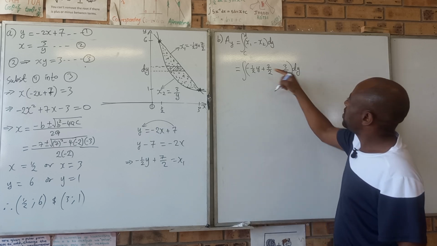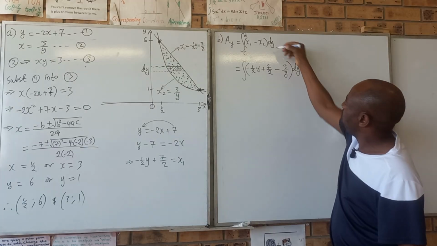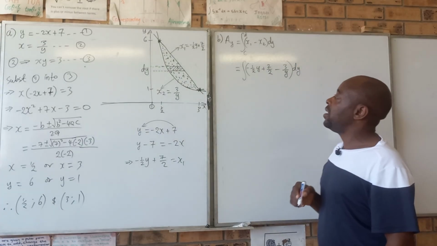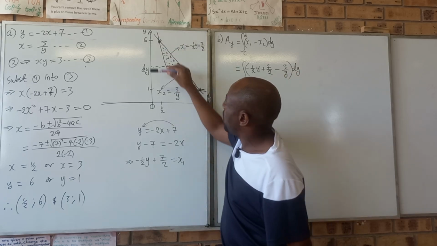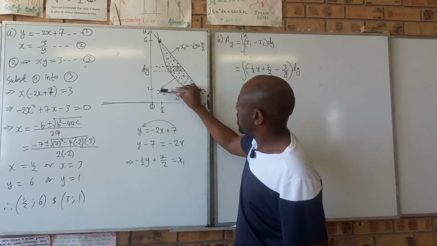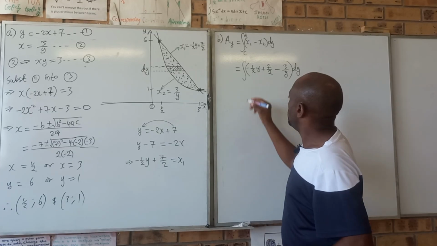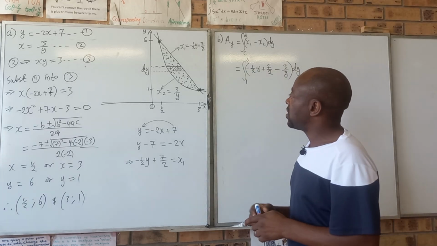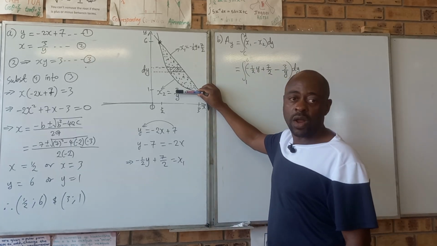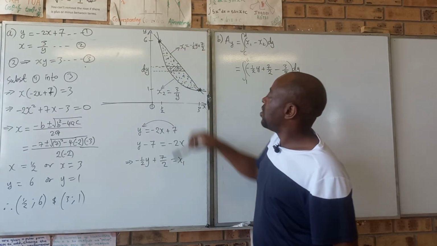And to read my c and d, which are the limits of integration, we see that our formula ends with dy, reminding us we must read along the y-axis from where we started shading to where we stopped. So our limits this time will be from 1 to 6 because we started shading at 1 and we ended at 6 on the y-axis.